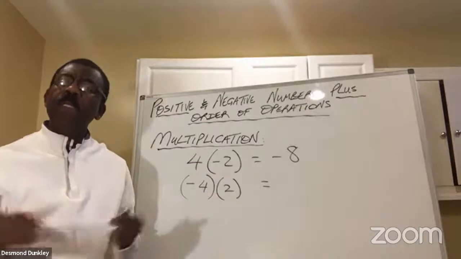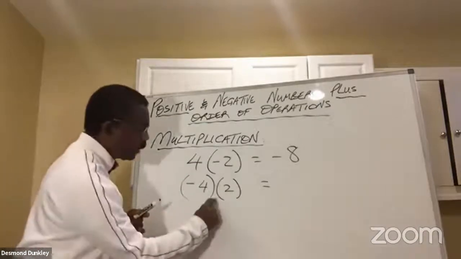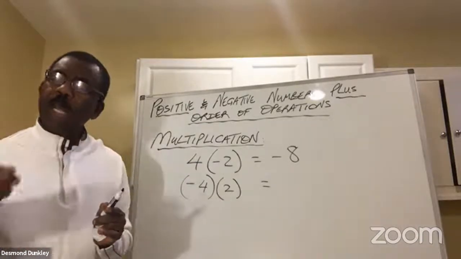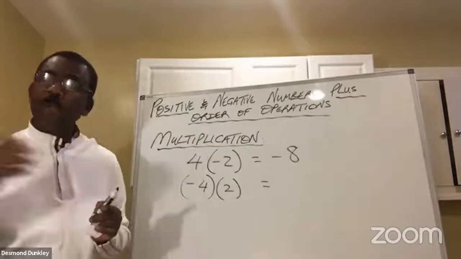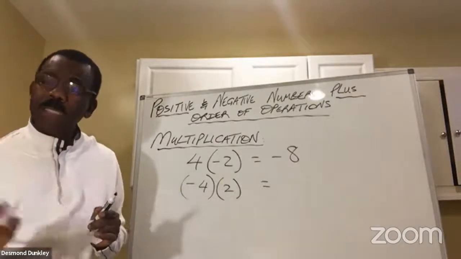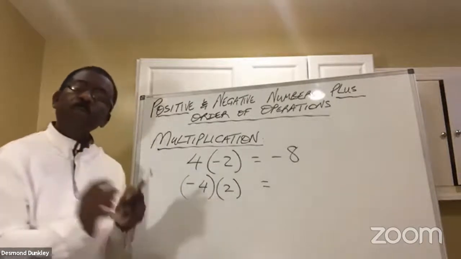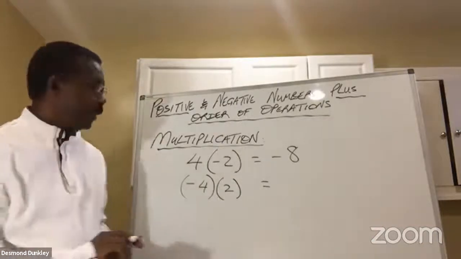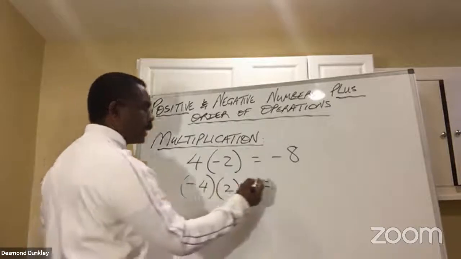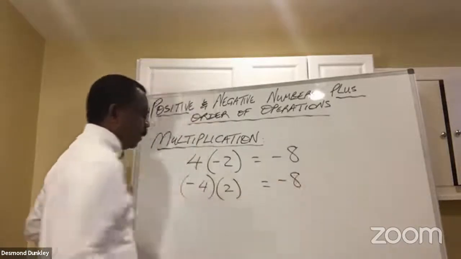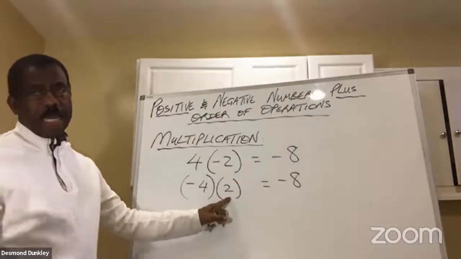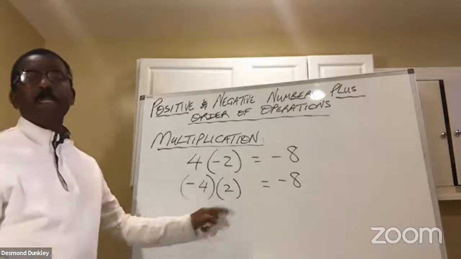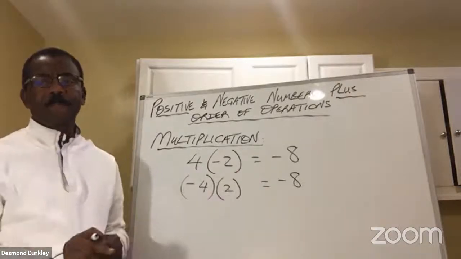In math world, it is understood that if there's no sign, whether it's a plus, a minus, a subtraction, or a multiplication, if no sign is given, as long as you have two sets of parentheses beside each other, it is multiplication. So again, this will be the same as negative 8. It's 2 times 4 is 8. The signs are different, so it's negative 8.